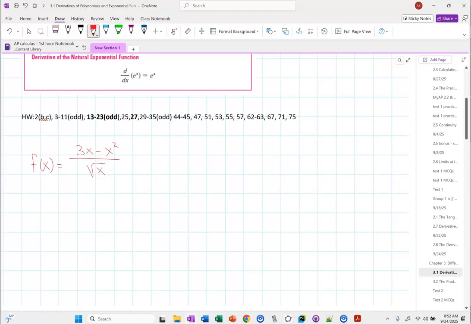Do you have enough derivative rules to be able to do this derivative? 3x minus x squared over square root x. Yeah, how do I do it? Since the denominator is a monomial, I can break it into fractions with a common denominator, right?